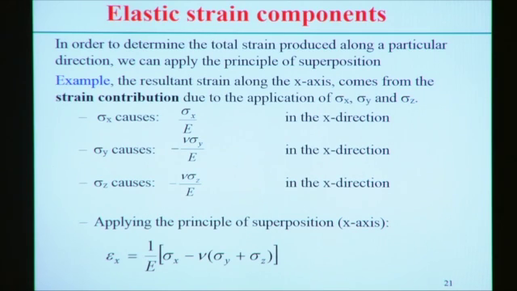So the effective deformation is epsilon x, and it consists of both the longitudinal strain and the two lateral strains, which are represented in terms of the Poisson's ratio.